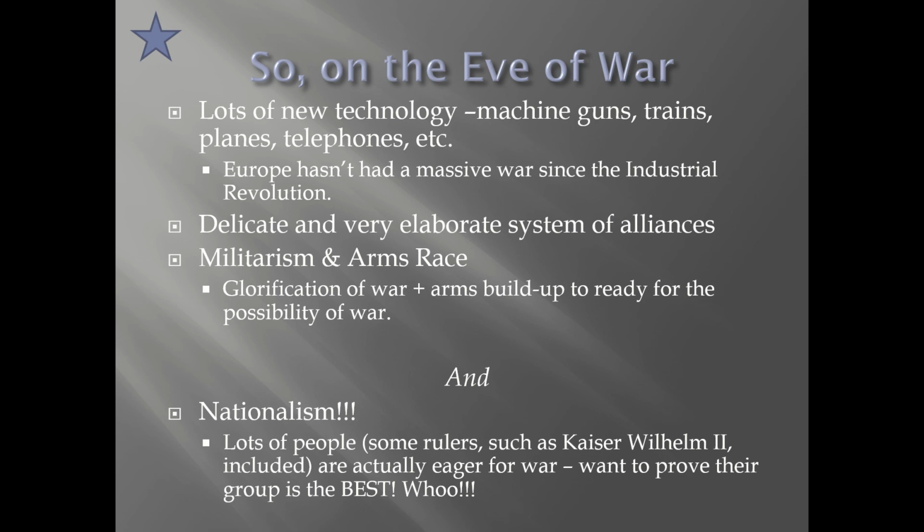And nationalism. Again, we've talked about nationalism, but lots of people and some rulers are eager for war. Again, they want to prove their group is the best. They've been going out building empires, taking over control of parts of Africa and Asia and historically the Americas as well, trying to prove to everybody that not only are they superior to the people they've colonized, but they're also superior to other Europeans because they have a bigger empire.